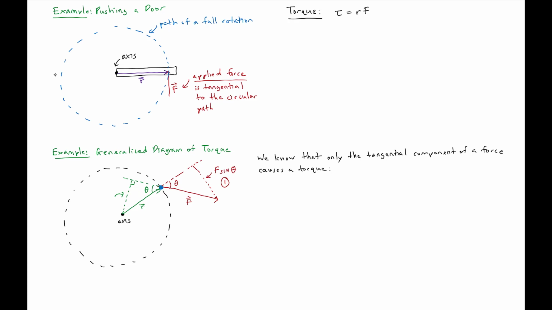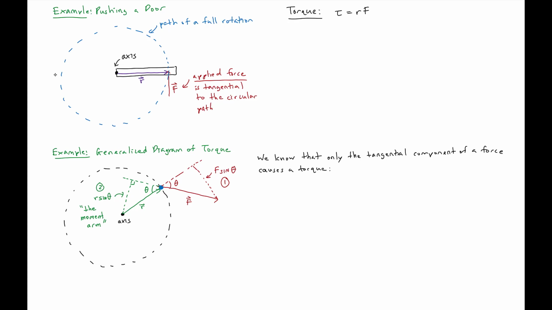This would be the component of r that is perpendicular to F, and we call this r sine theta. We'll call this equation 2, and this is also called the moment arm.